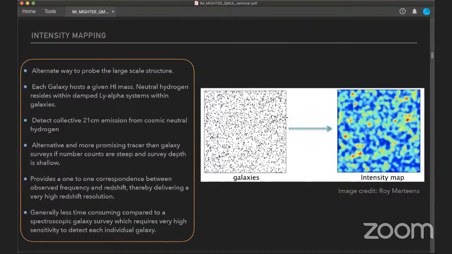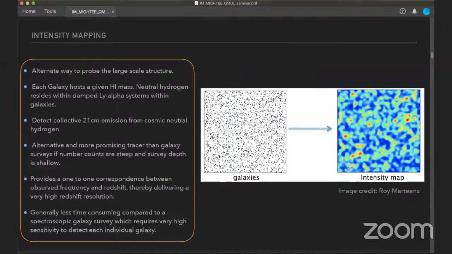So from a galaxy distribution like this, we can have an H1 intensity map, something like this on the right side. From this map, we want to study the underlying matter distribution, because H1 follows the dark matter distribution with some bias. So if we can detect the intensity map, we can effectively probe the underlying matter distribution, and that is the goal of intensity mapping experiments.